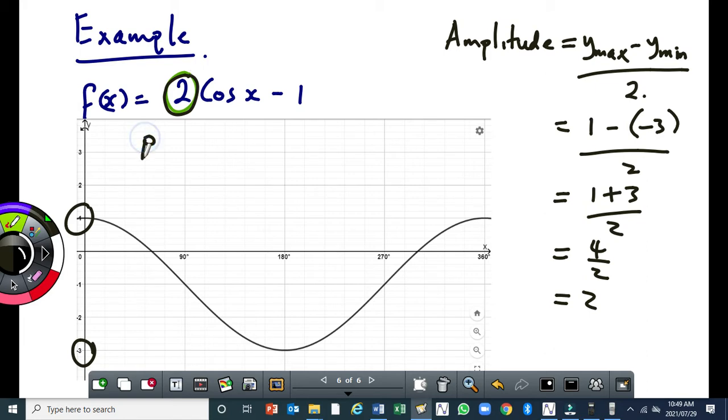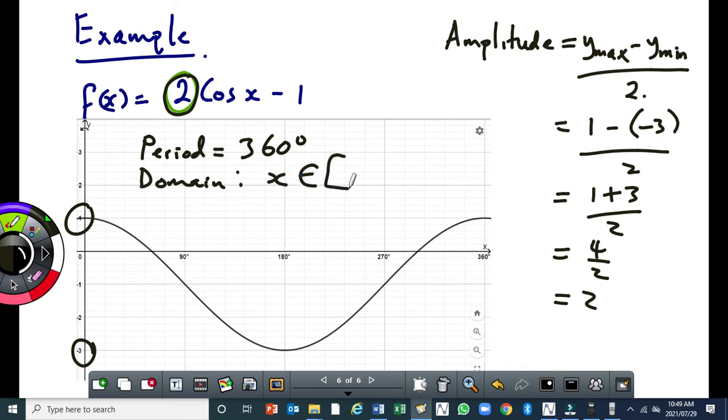The period of this graph obviously is 360 degrees. The domain: we are saying x is an element, starting from the minimum, which is 0. So x is from 0 degrees to the maximum of 360 degrees.